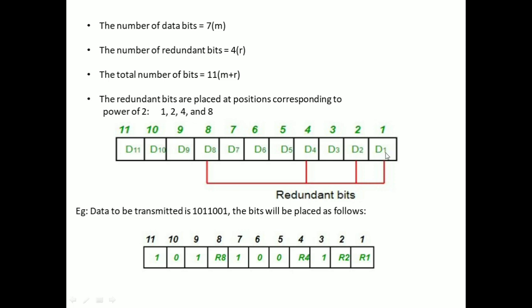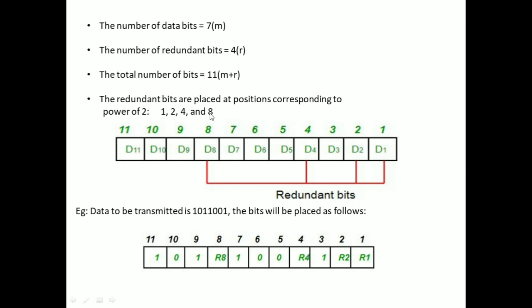So 2 power 0 means at the first position we place R1. What is the second redundant bit? We place it at 2 power 1, the second position, as R2. And where do we place the third redundant bit? 2 power 2 means the 4th bit position, so we specify R4.